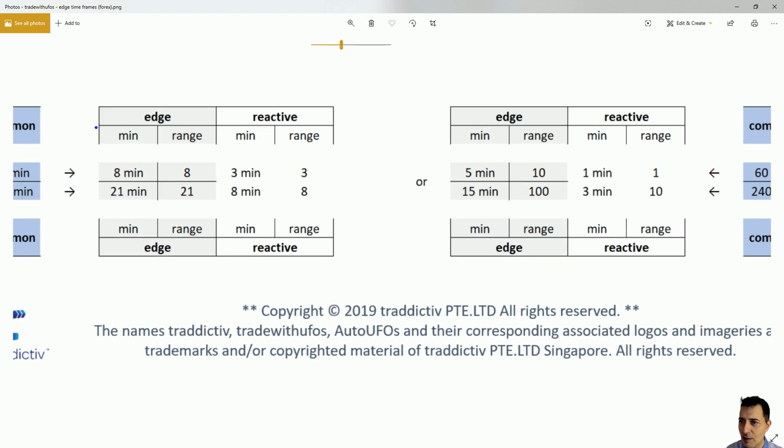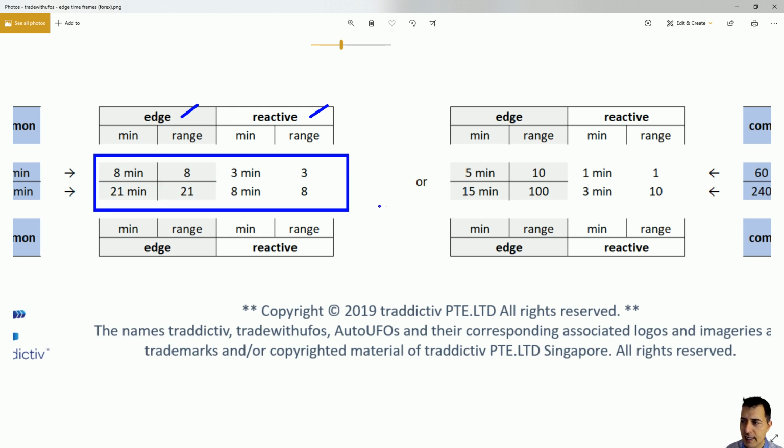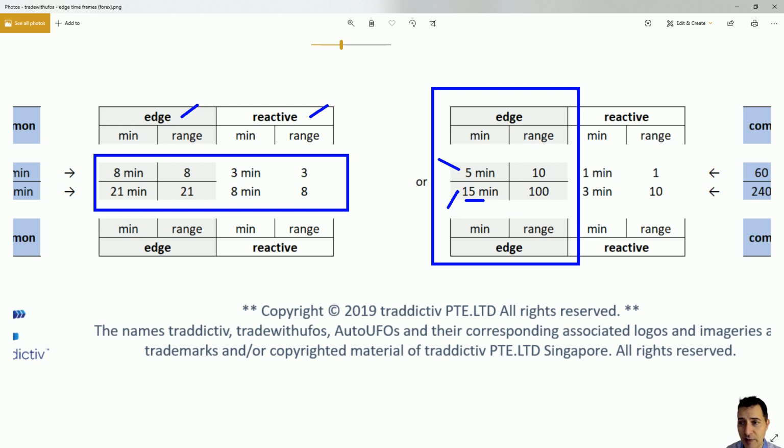Well, we have the common time frames and we have the edge time frames, right? And both the edge and the reactive, okay, you probably remember our preference is to use fib numbers. It is okay to use numbers that are not fib, such as the 15-minute time frame. The 5-minute time frame is a fib number as well, but not the 15. So it is okay to use those. As I always say, if it was not okay, it would not be in the list, okay?